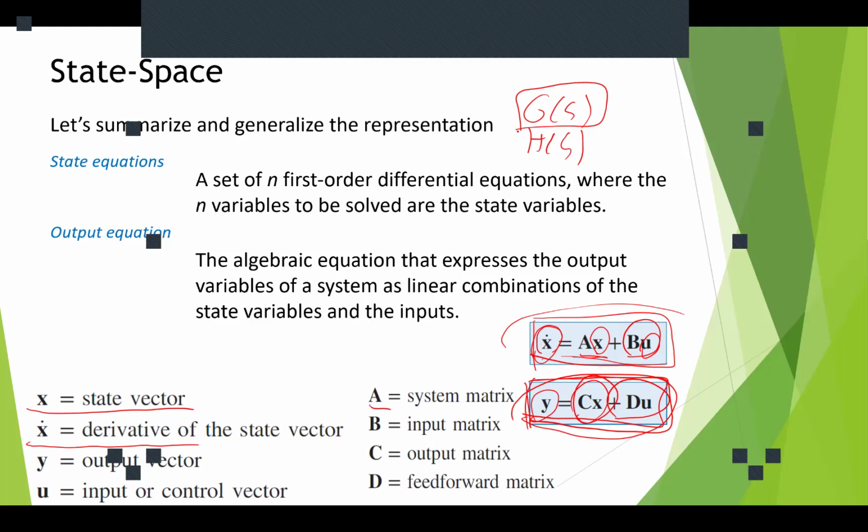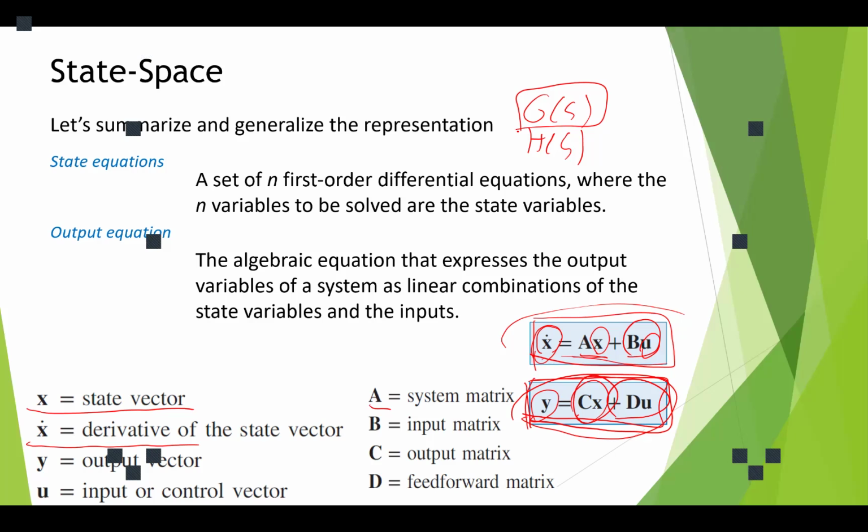You remember? There was one very specific condition when we defined the transfer function. We said transfer function is a model of our system in S domain, basically defining the output versus input in S domain, assuming what?